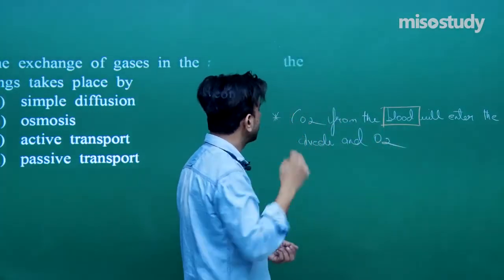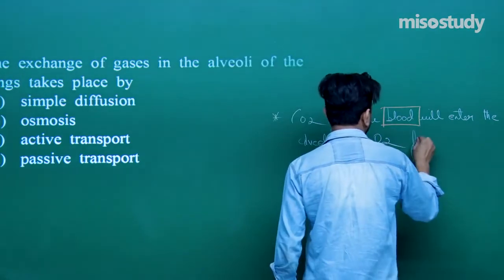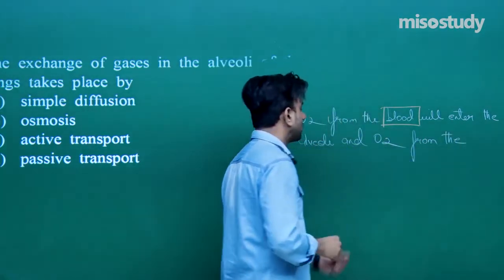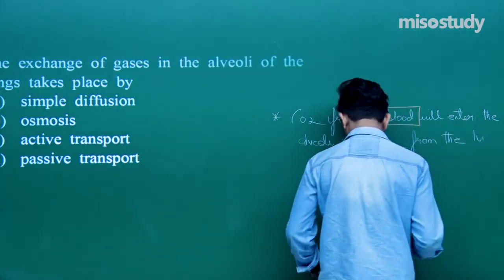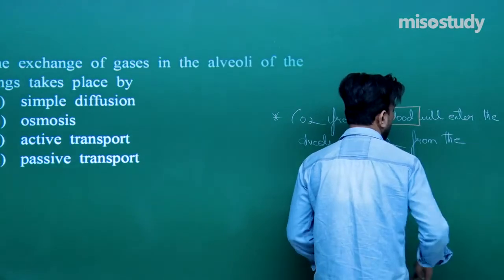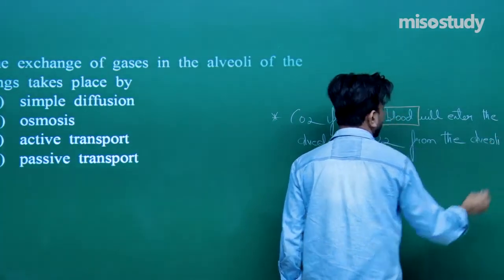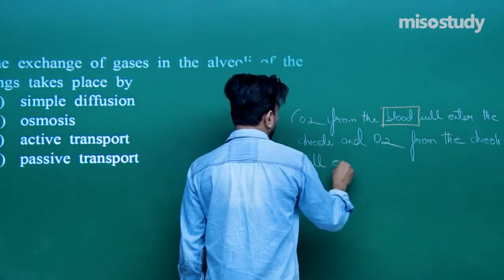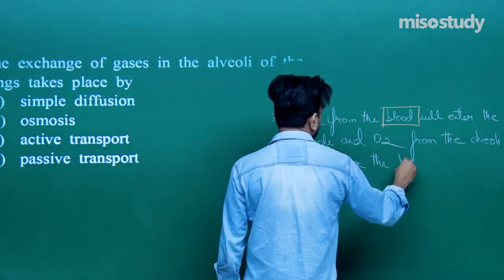Carbon dioxide from the blood will enter the alveoli, and oxygen from the alveoli of the lungs will enter the blood.